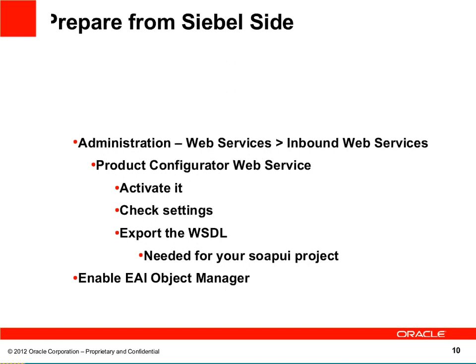We'll need it for the soapui project. On the Siebel side, you need to have a server installation, and you need to enable the EAI object manager. And here you need to make a decision whether you want to use it with asset-based ordering enabled or not. Another thing you might take care of is to turn on or turn off compression to make results easily visible in soapui.